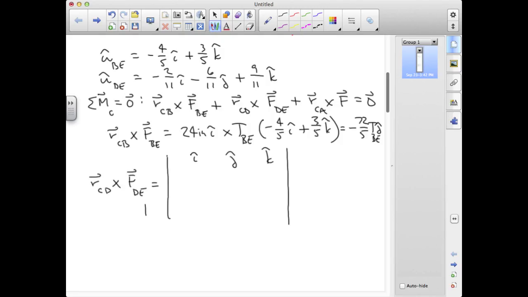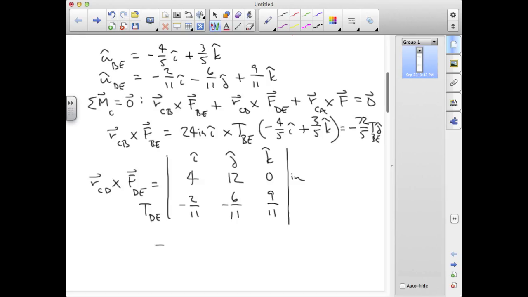RCD cross FDE involves more components, so I'm going to evaluate that in matrix form. I'll pull the magnitude of TDE out here. I've got 4, 12, and 0 inches in RCD, and I have minus 2/11, minus 6/11, and 9/11 for the components of the unit vector along DE.